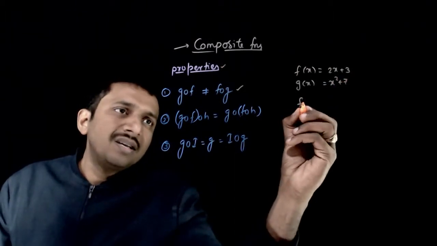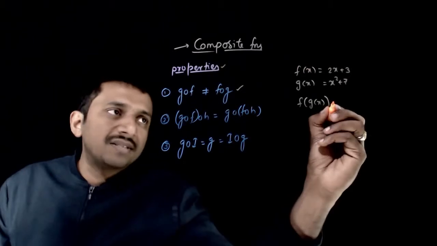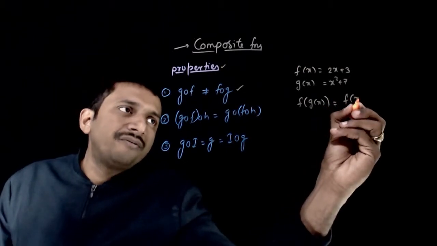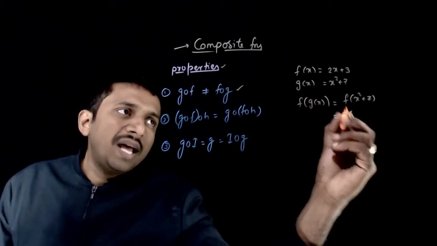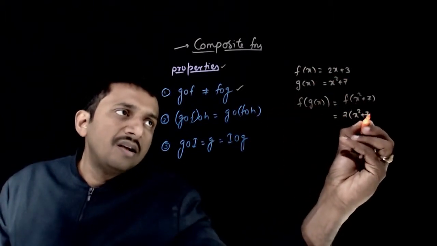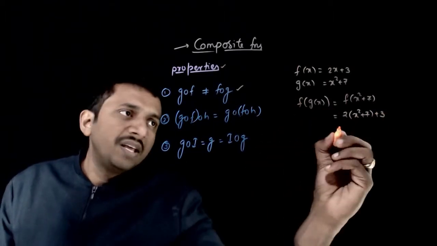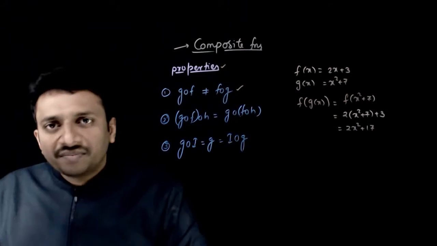So what is FOG of x? FOG of x is nothing but f of g of x, that is f of x square plus 7, that is equal to 2 times, in the place of x you need to put x square plus 7, plus 3, that is equal to 2x square plus 17.